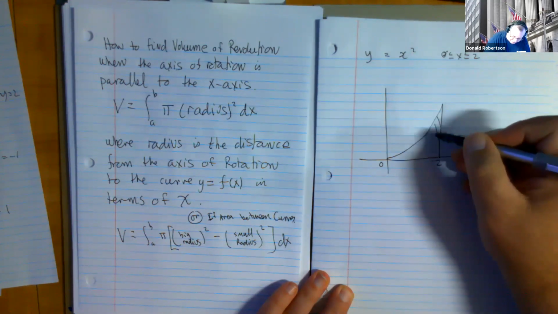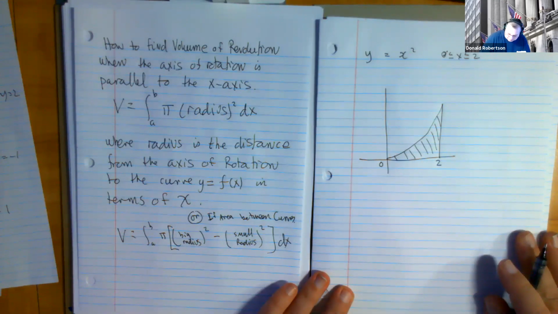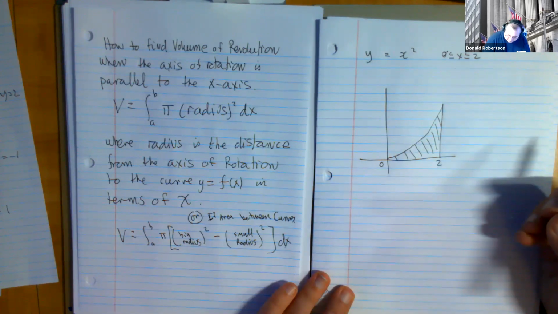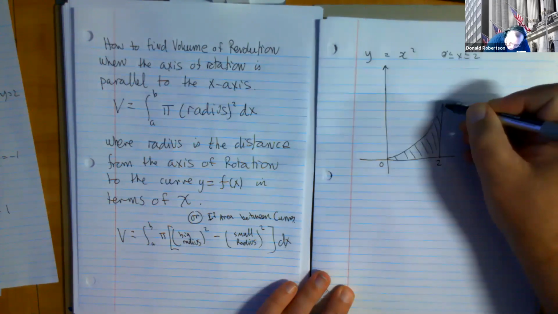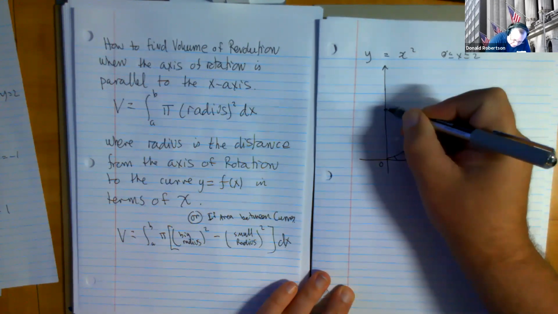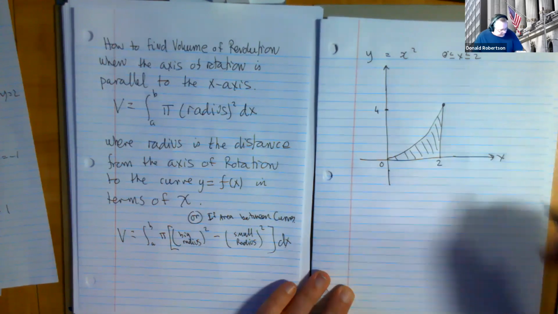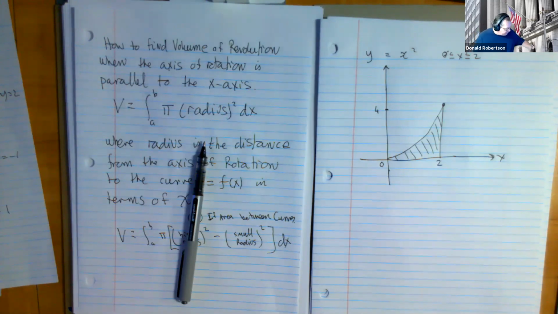So this is going to be the area that we're going to rotate. I'm just going to go for it. Here we go. Tell me a horizontal line that you'd like me to rotate this shape along.